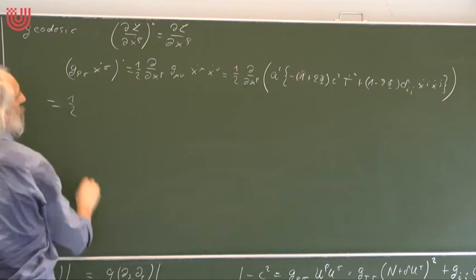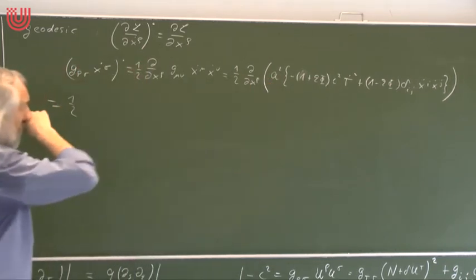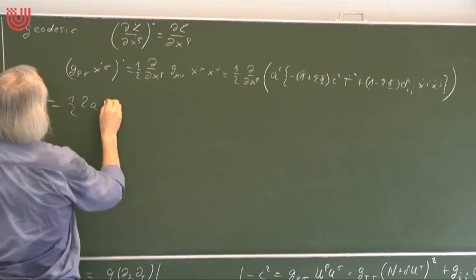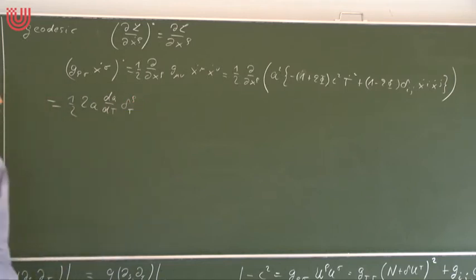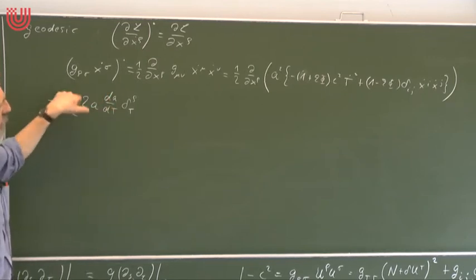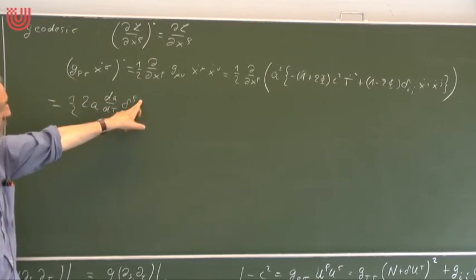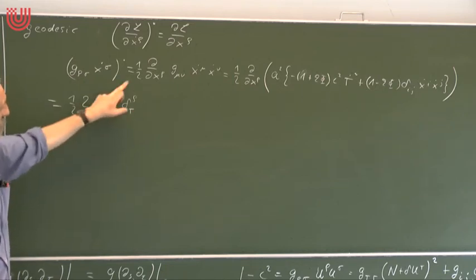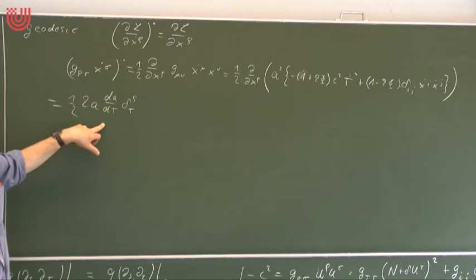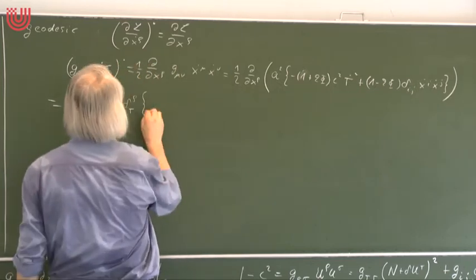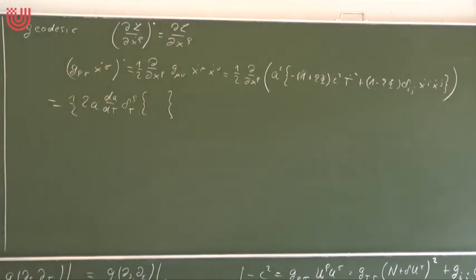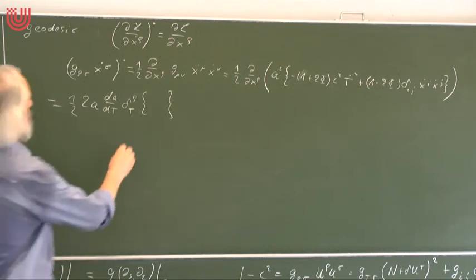So this is 1/2. Let's differentiate the a. The a depends only on t, so it's 2a dA by dt delta rho t. If rho is t, then I get this, the derivative of a squared. And if rho is a Latin index, then I get 0, because a doesn't depend on the xi's. The scale factor depends only on t. Then I have the curly bracket, but the curly bracket is 0 because I have a light-like curve.